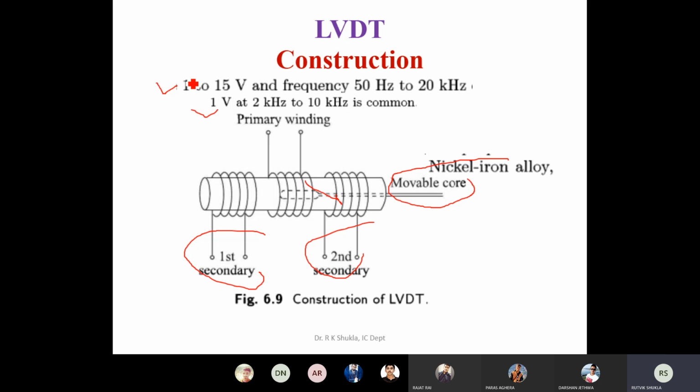Here the frequency is 50 hertz to 20 kilohertz, but most commonly we give 1 volt at 2 kilohertz to 10 kilohertz. That is the most common voltage and frequency on the primary side. Again, the input is a sine wave only.